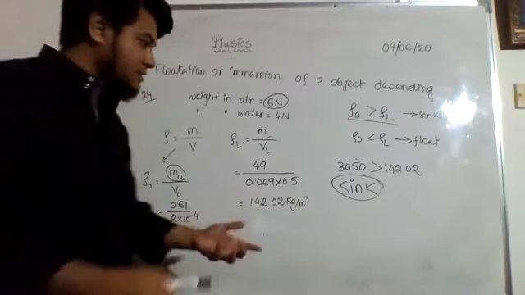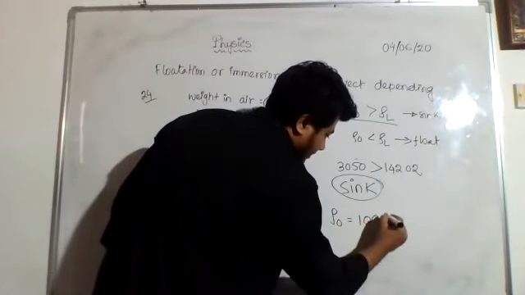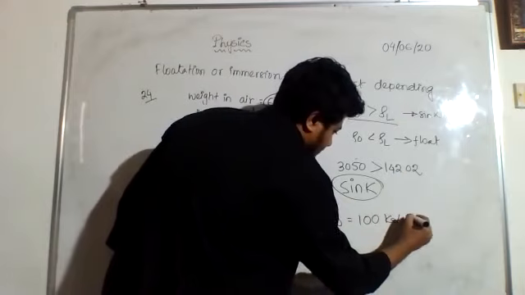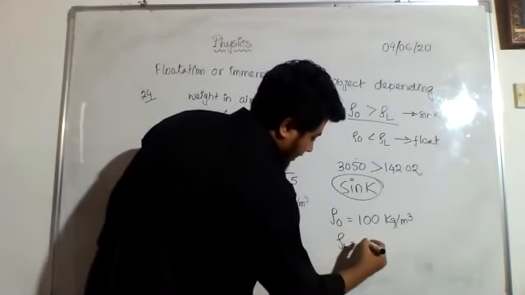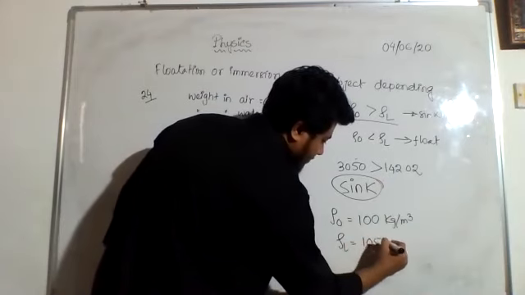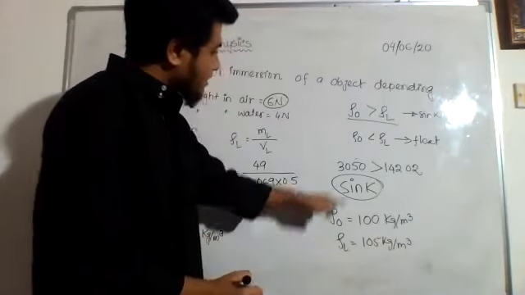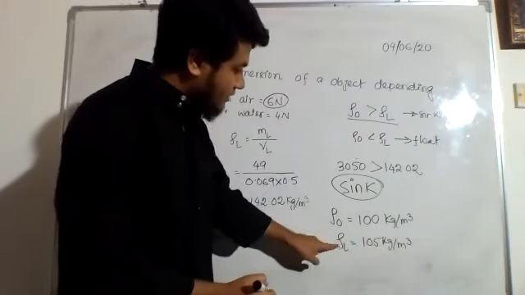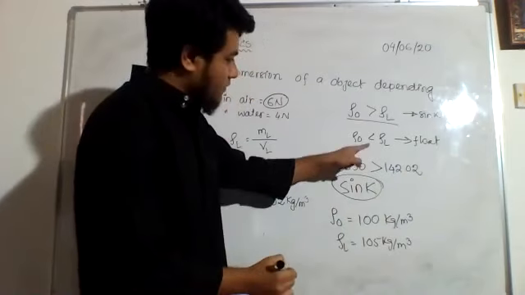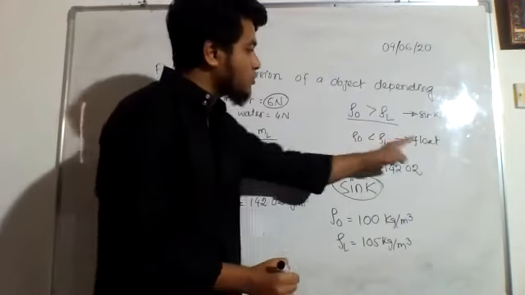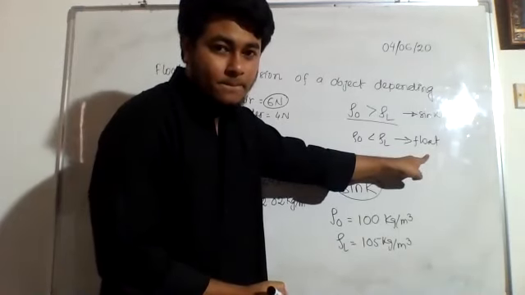Okay, let us say the density of the object I got as 100 kilogram per meter cube, and the density of the liquid I got as 105 kilogram per meter cube. So what is the case here? The density of the liquid is greater than the density of the object. So what is supposed to happen? The body will float.